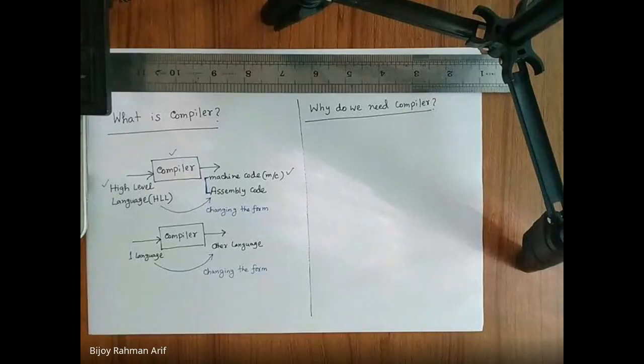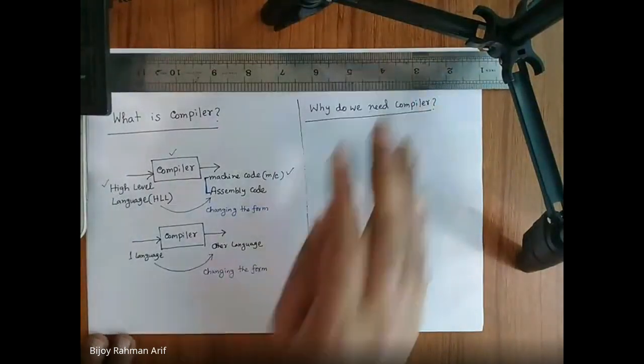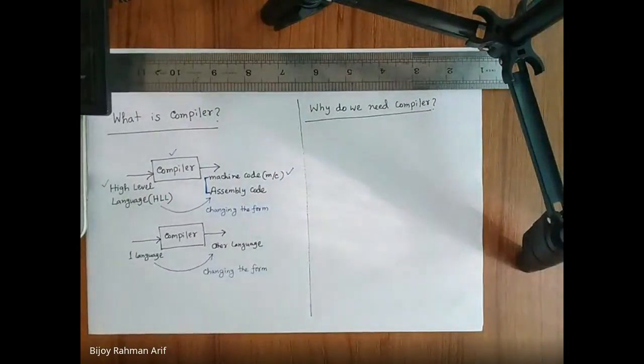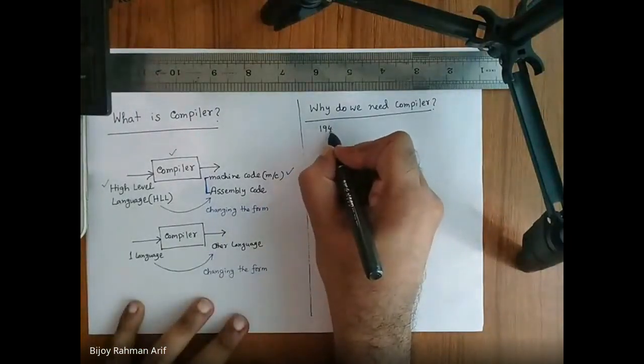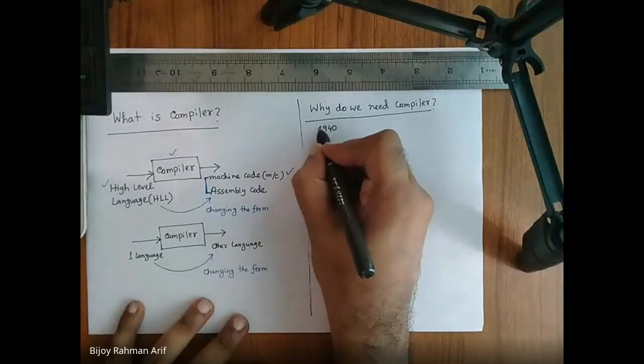So actually, if you go to the history of the computer, the modern computer history traces back to the 1940s. In the 1940s, do you have any idea what a computer was? It was something like this.